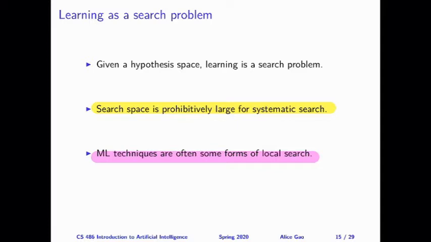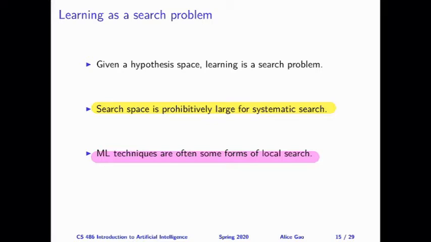So this is a really nice transition. We just talked about local search, and now we're talking about machine learning. If we're thinking about machine learning using this interpretation, then if we want to define a learning algorithm, we need to define the following three things. We need to first define the search space, the space of hypotheses that we want to consider. Then we need to define an evaluation function.